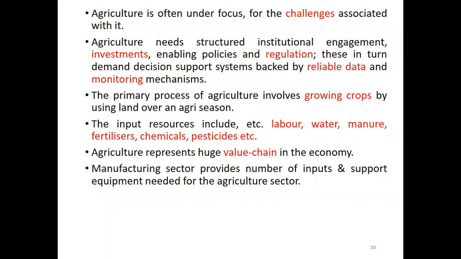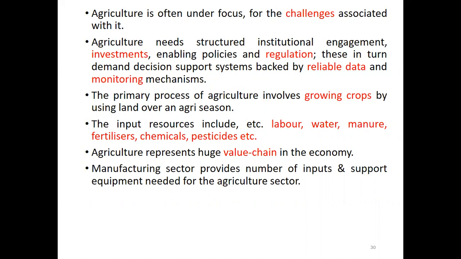Challenges are related to investments, inputs, and sales and promotion activities. Getting this? Technology challenges are there, financial challenges are there, labor challenges are there, as well as marketing challenges. So challenges are more as compared to other areas. So people are not motivated to go for agricultural businesses.